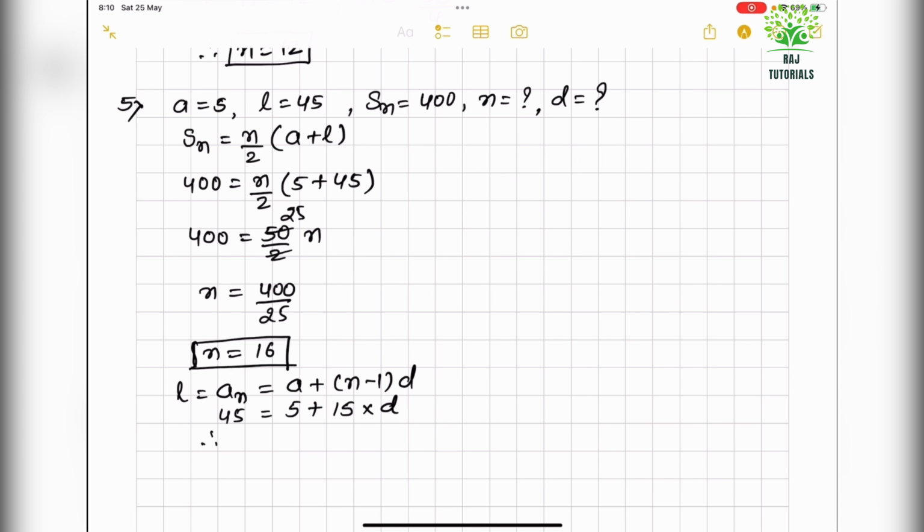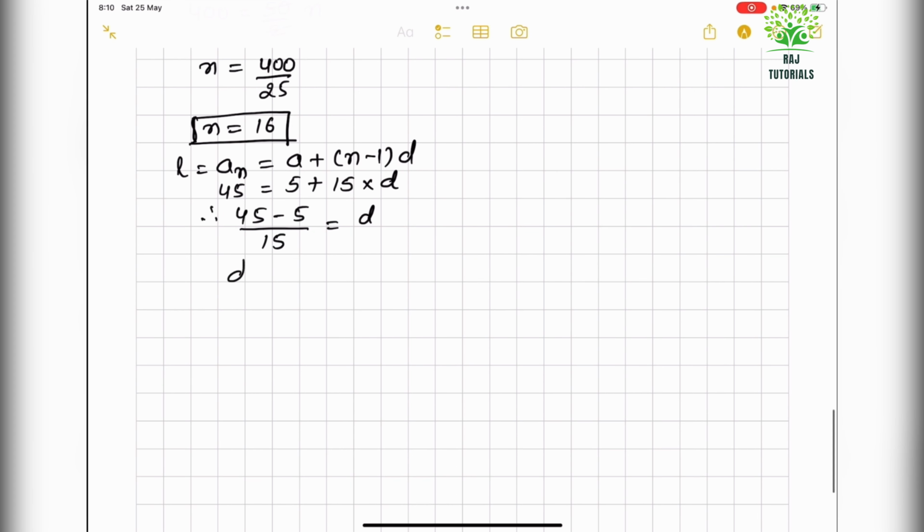So therefore 45 minus 5 upon 15 equal to d. So d equal to 40 by 15. 5 8s are 40, 5 3s are 15. So d equal to 8 by 3.